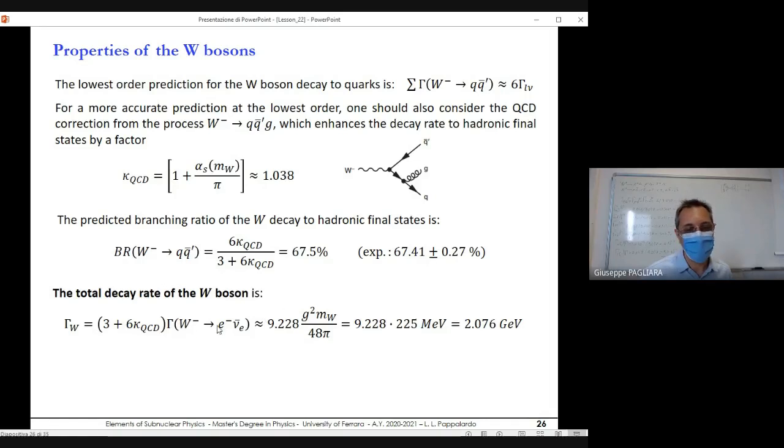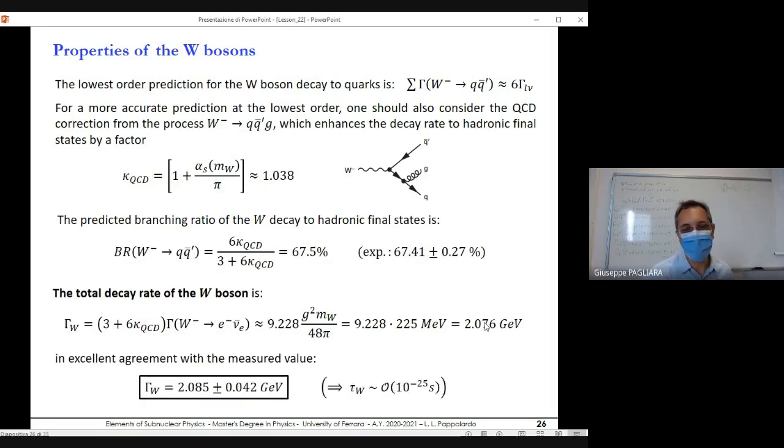Overall, this number is 9.2028 times the decay width of the W into electron that we calculated before, which is 225, and so overall we get 2 point something GeV, which is again in excellent agreement with the experimental value, the one obtained at LEP. And which, as I was mentioning before, corresponds to an extremely short decay time, 10^-25 s, because the mass is so high that the phase space is so favorable that as soon as you create a W, it immediately decays.